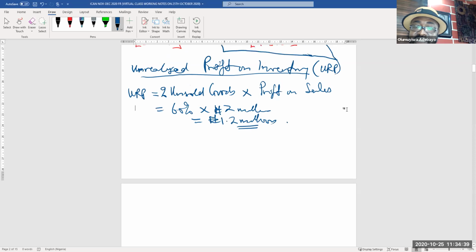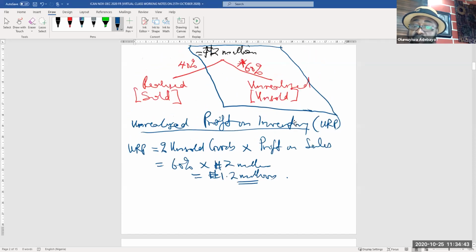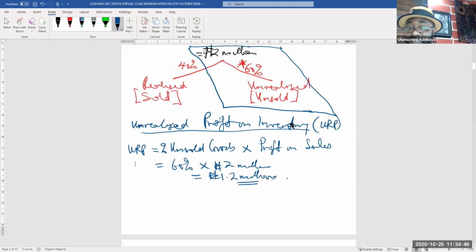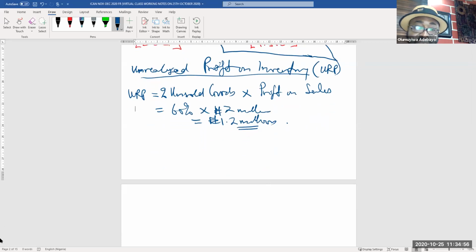Now, the cost is not inclusive of 1.2, but it has been included because the parent has added that profit. Therefore, we also go back to the inventory of the subsidiary to remove that profit element from it, which means our accounting entry will be as follows.